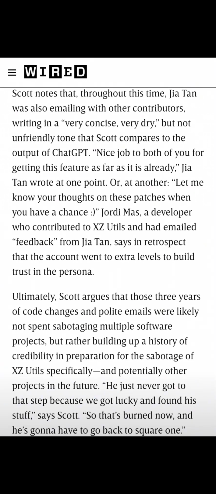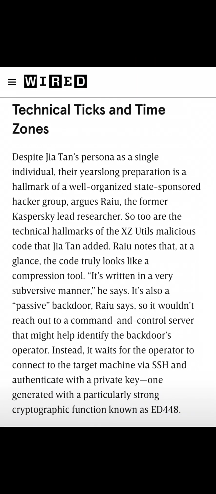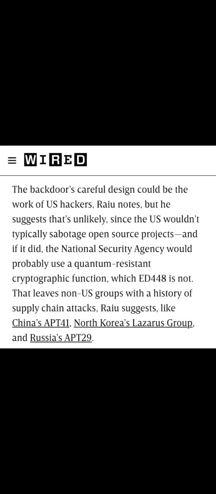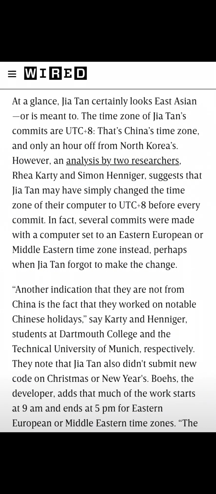And essentially, this person is working 9 to 5, their local time zone, as their job to do this kind of compromise. It indicates more than likely Russia. However, we don't have details or confirmation of that. Many nations are capable of this type of attack, including China, North Korea, Israel, the United States, Iran, Russia, etc.